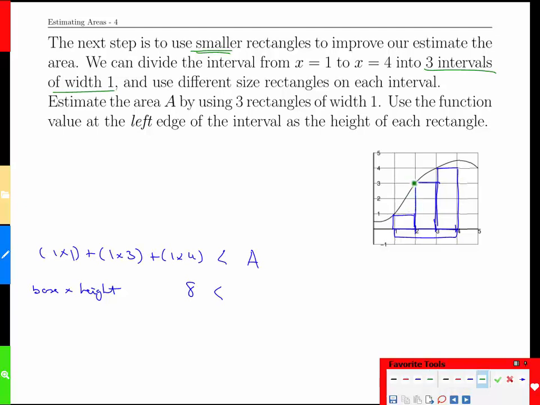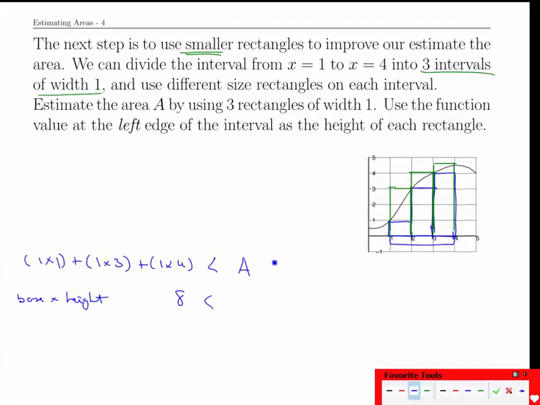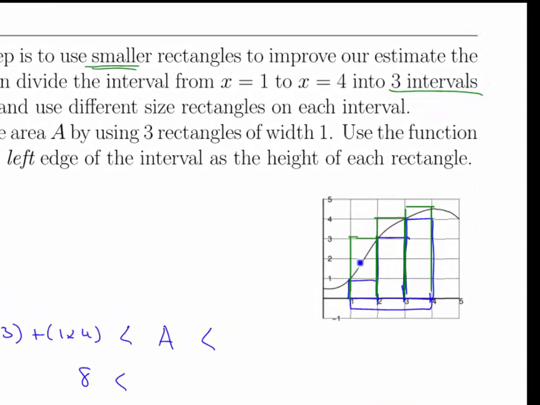We can repeat the same operation, except this time overestimating. And when we do that, we again get a much narrower upper bound on the area we're looking for. Here, if we do base times height on the first interval, we would use 3 as our height. Then on the next interval, we'd go up to 4, and that's an overestimate of the area under the curve, which is what we care about.